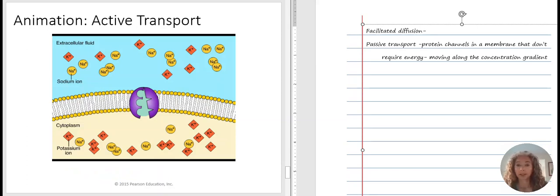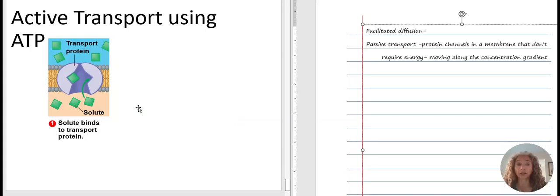Some molecules need help getting across a membrane, but they need to go through a transport protein that requires energy to open and close it. This is an example of a neuron in your nervous system. And in order to get the potassium and the sodium across the membrane, the cells use these proteins that require energy.